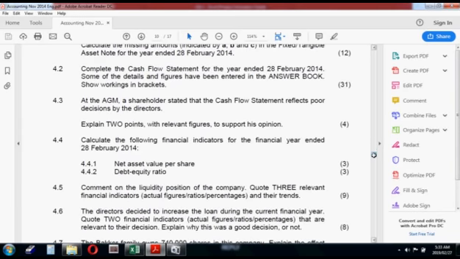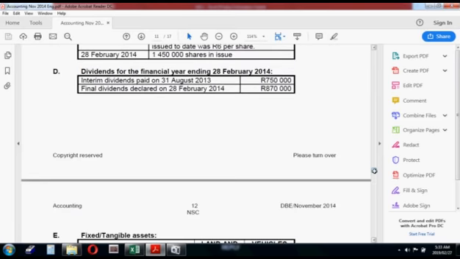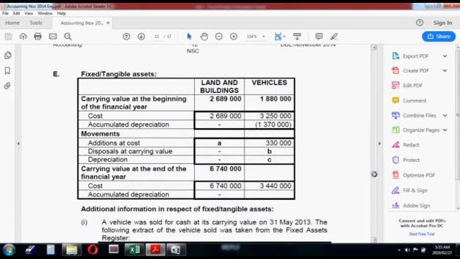So let's refer to information E. We have the fixed tangible assets note, with land and buildings as well as vehicles. If we study land and buildings, we have the costs at the beginning of the year, additions at cost, number A, which we have to calculate, and then the costs at the end of the financial year.